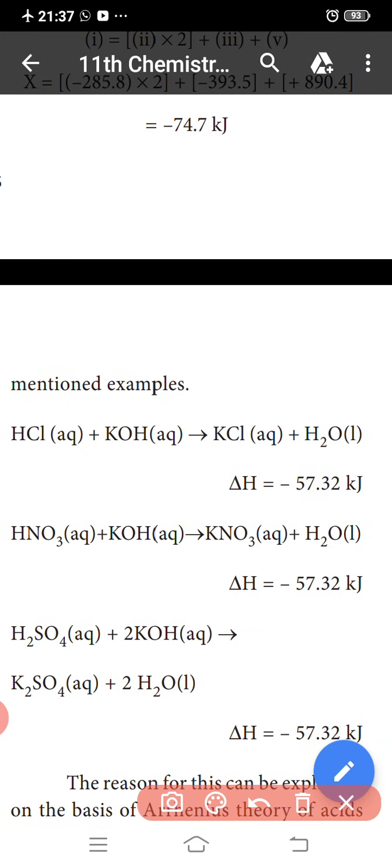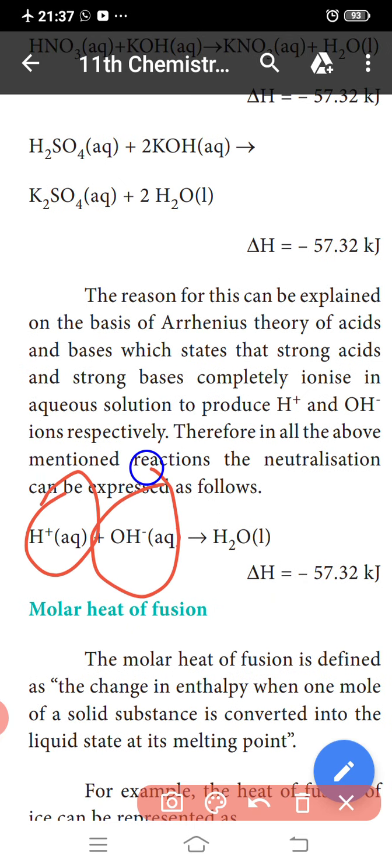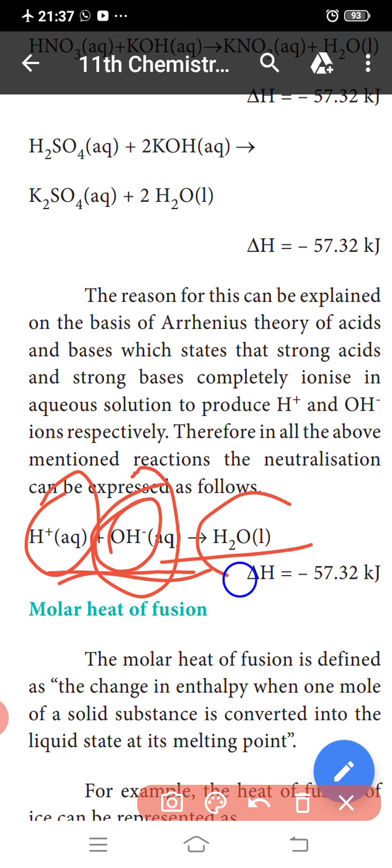The reason for this can be explained on the basis of Arrhenius' theory of acids and bases, which states that strong acids and strong bases completely ionize in aqueous solution to produce H plus ions and OH minus ions respectively. Therefore, in all the above mentioned neutralization reactions, H plus ions and OH minus ions react to form H2O molecules.